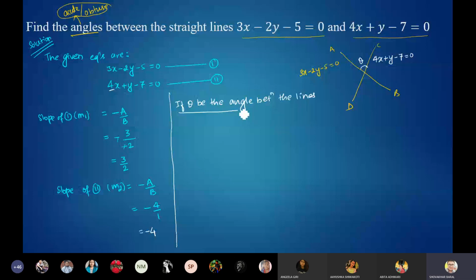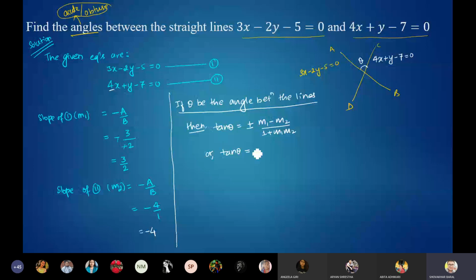If theta be the angle between the lines, then tan theta is equals to, tell me the formula, please. Tan theta is equals to plus minus m1 minus m2 divided by 1 plus m1 into m2. Very good.